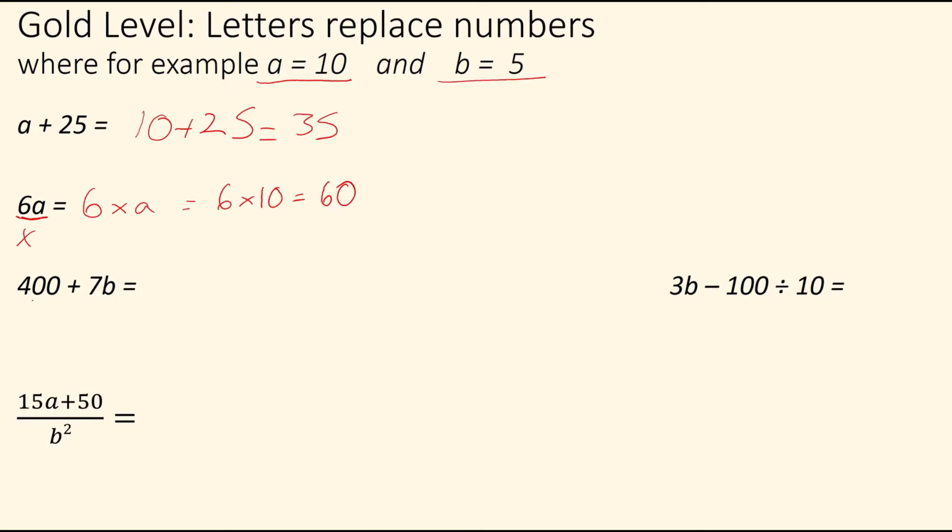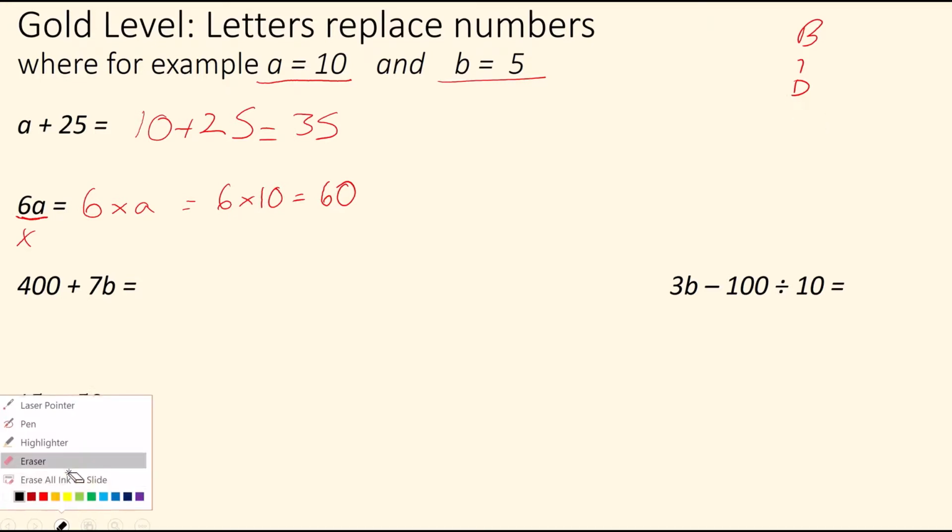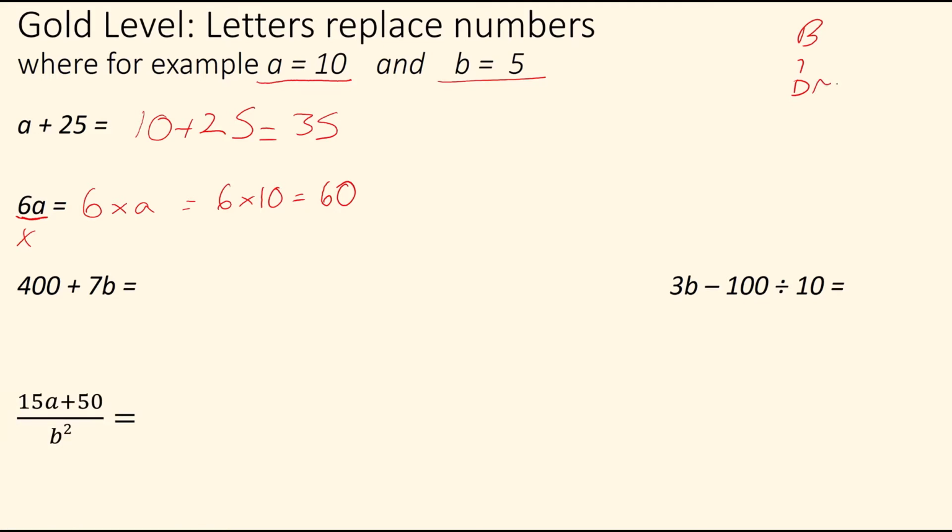Next, 400 plus 7b. This is where I'm just going to write my BIDMAS up here again. Oh, I've done that wrong, haven't I? Oh, what a pain. There we go. So 400 plus 7b. We've got an addition, but we also have a times here.